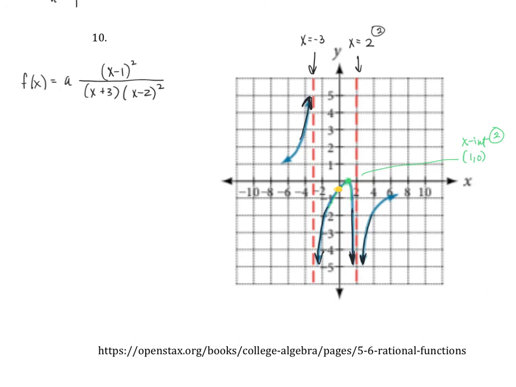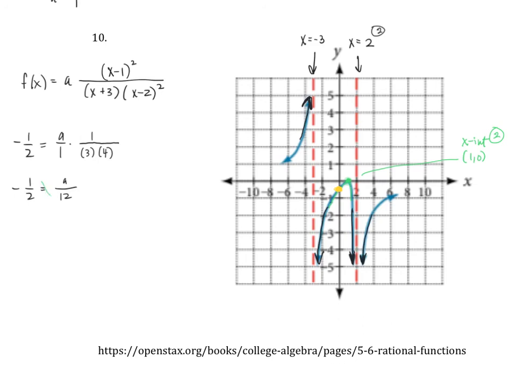So we will have negative 1/2 is equal to a times, so we're plugging in 0 for x, negative 1 squared will be 1. Then 0 plus 3 is 3. 0 minus 2 is negative 2. Squared is 4. So this is going to be negative 1/2 is equal to a over 12.